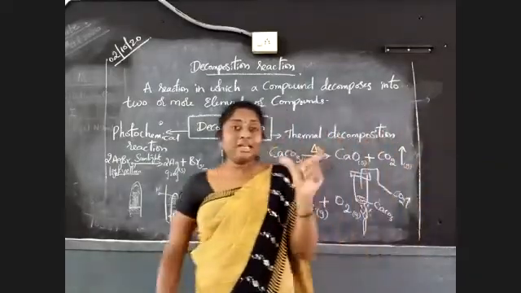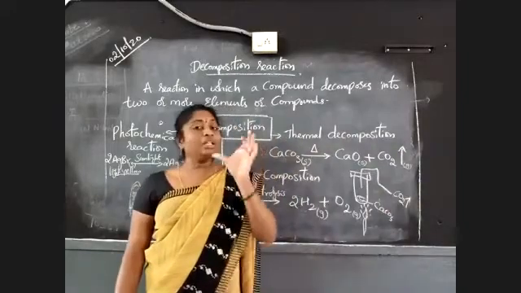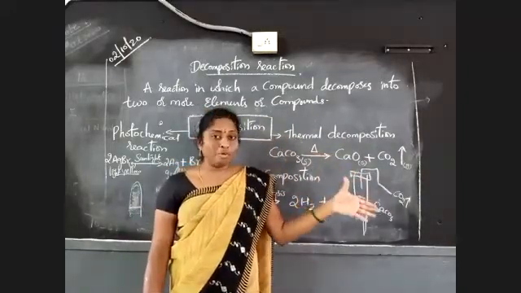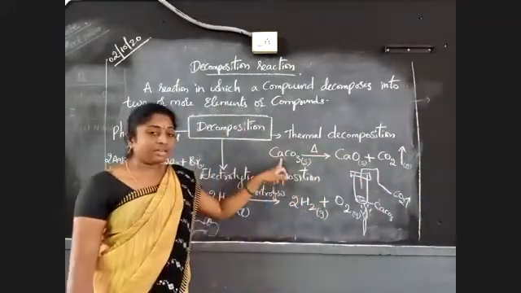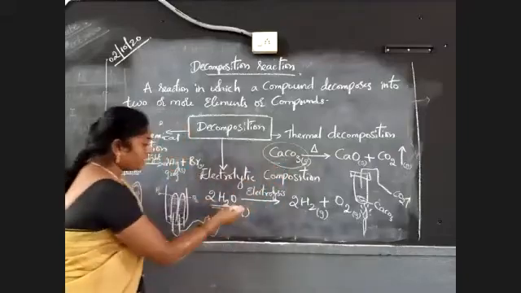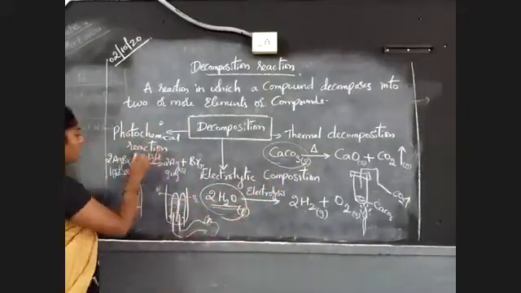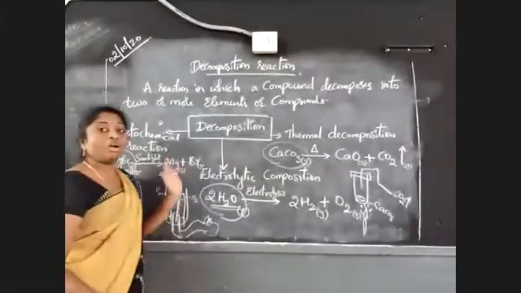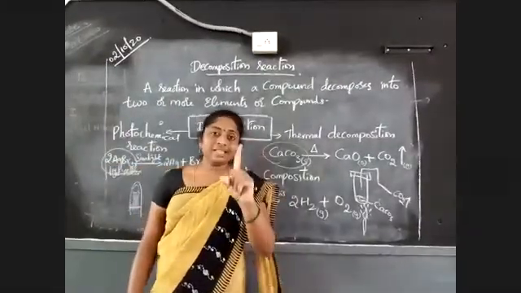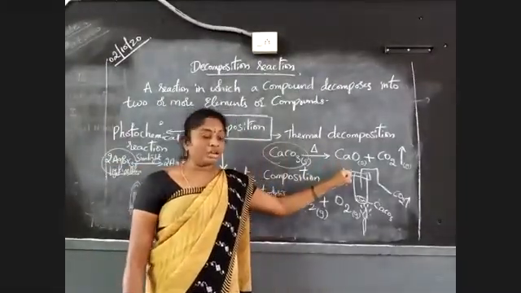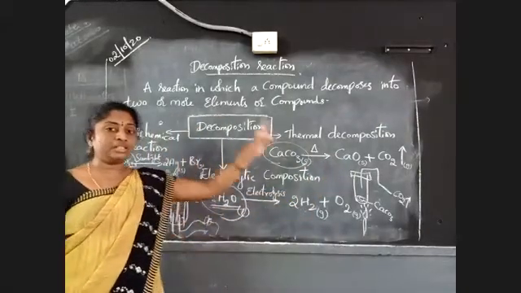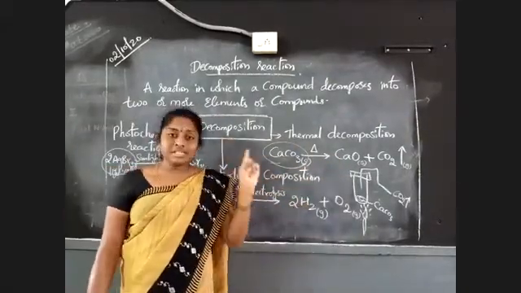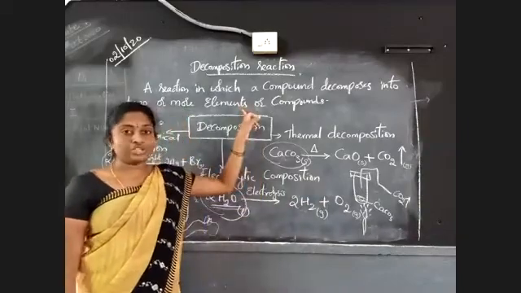The reactant is only a single one, the products are two or more. You can see here the reactants calcium carbonate, water, and silver bromide are all single, but the products are two or more. So this is known as a decomposition reaction.